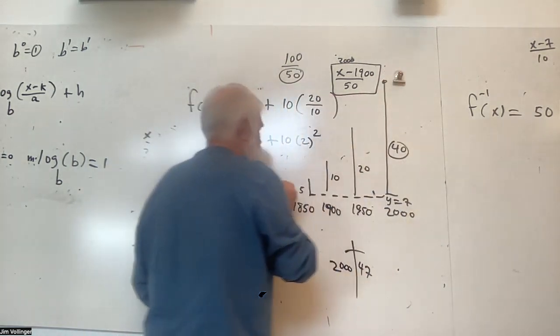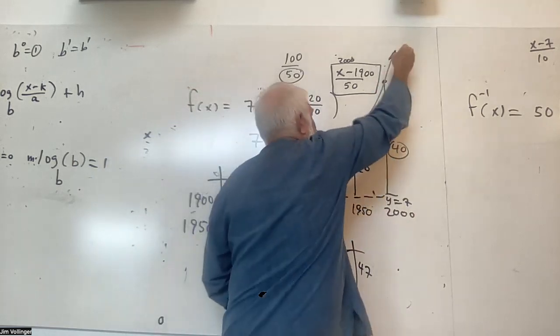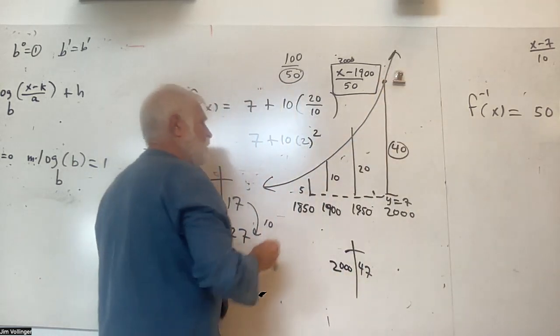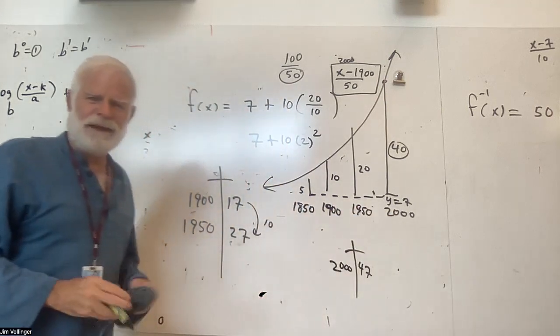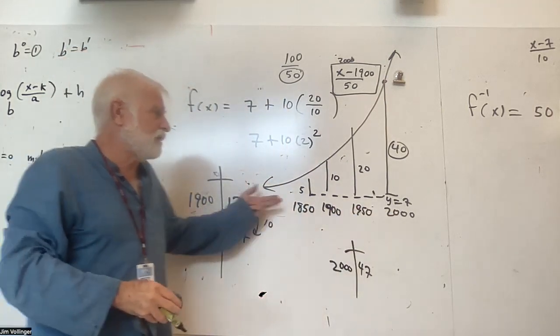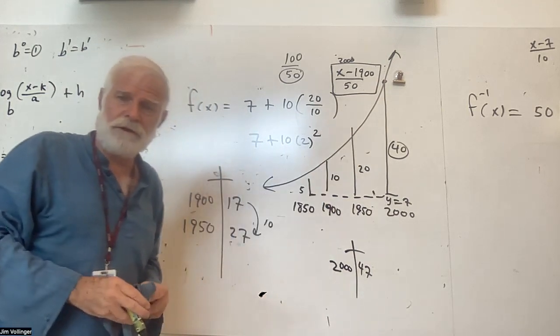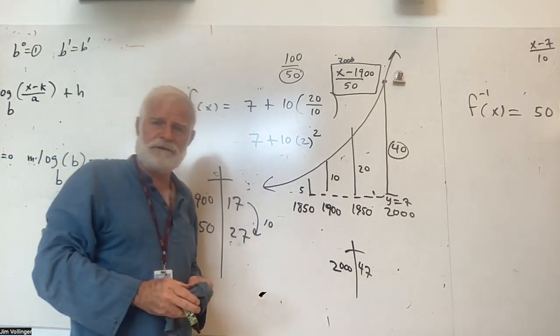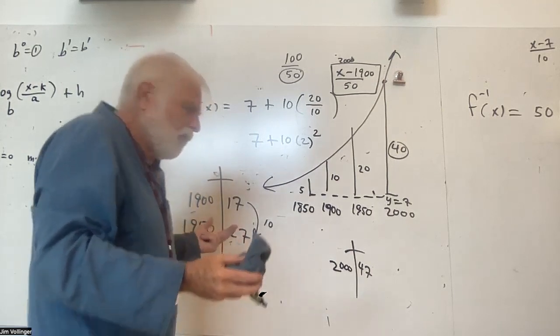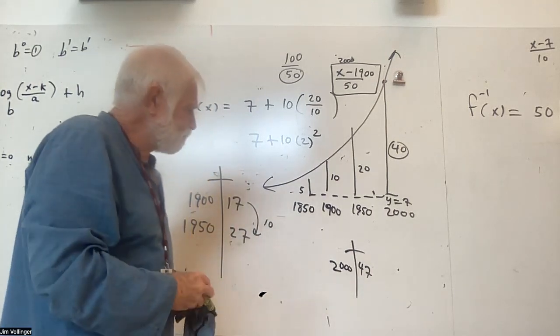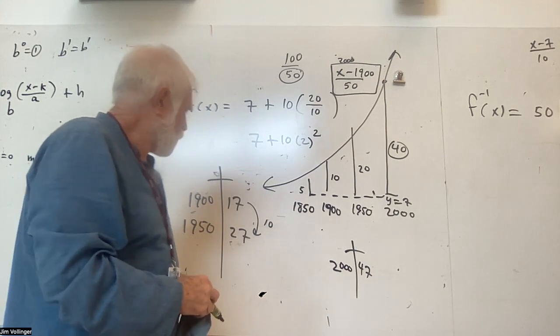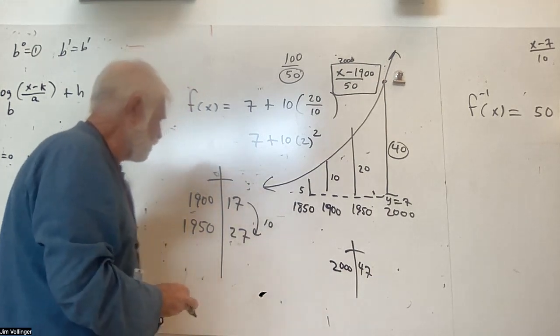So this graph looks like this. And we've got all kinds of nice numbers that we can work with as long as we're changing by 50 years. Nice integer values. Of course, there's lots of other numbers there that a computer can tell you, you know, what it takes to get this or that. But right now, we're just trying to get a feel for what's going on. Okay. All right, so where am I at? So 47.